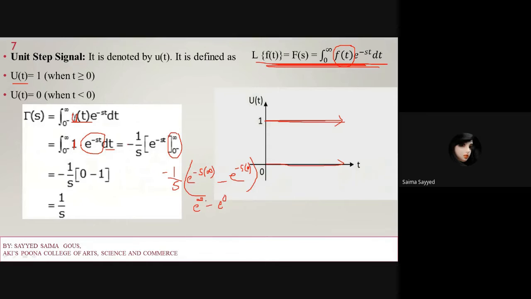Here e raised to minus infinity is 0 and e raised to 0 is 1, so it is 0 minus 1. Taking minus 1 upon s common, minus 1 upon s into 0 minus 1, minus minus becomes plus, so it will be 1 upon s. So for the unit step signal, the Laplace transformation is 1 upon s.